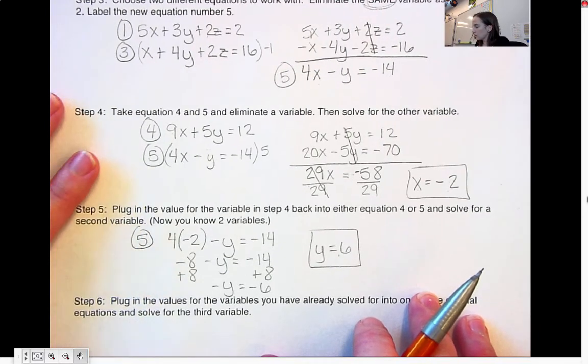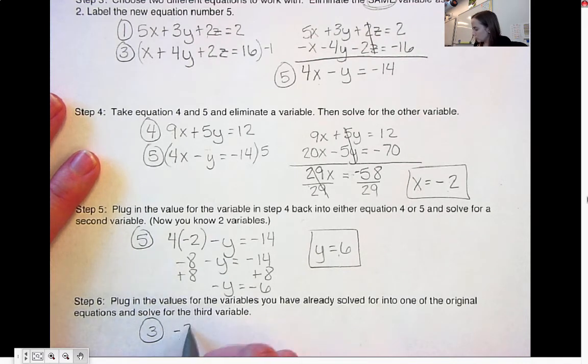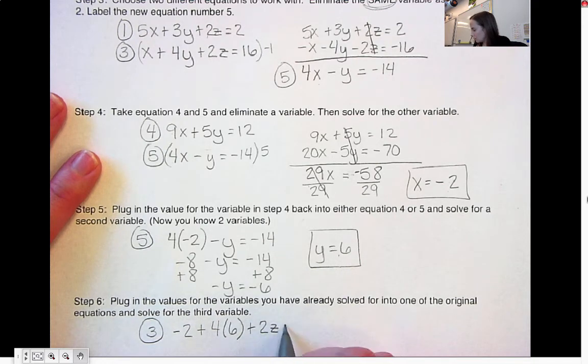So I'm going to start with equation number 3. That's the only one I'm going to use. Negative 2 is the x value, plus 4 times the 6 plus 2z equals 16.